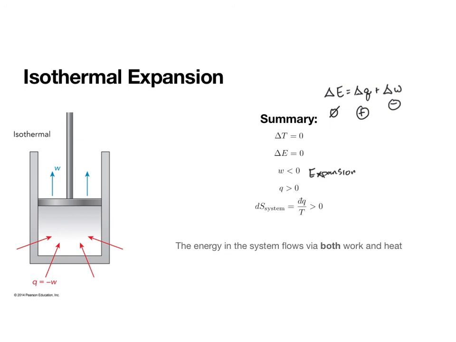And so the energy in the system is flowing via both heat and work in an isothermal expansion. Okay, so in the next video, we're going to talk about adiabatic expansions, and I'm going to work to make a comparison between these two different types of expansion work.